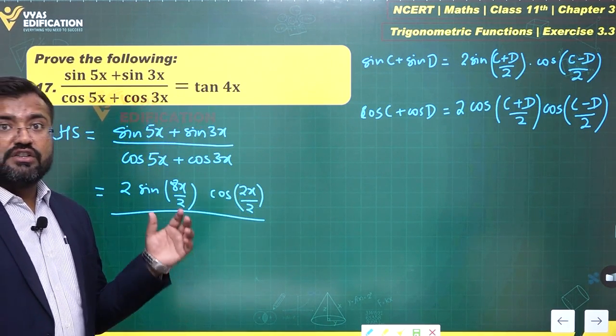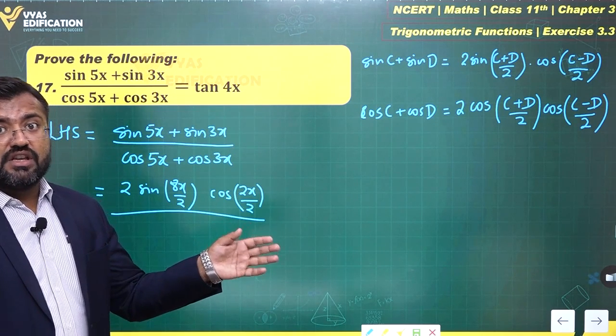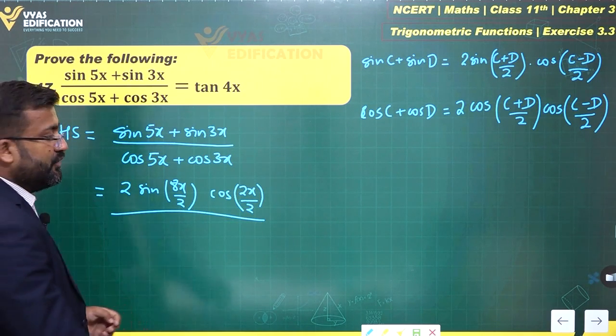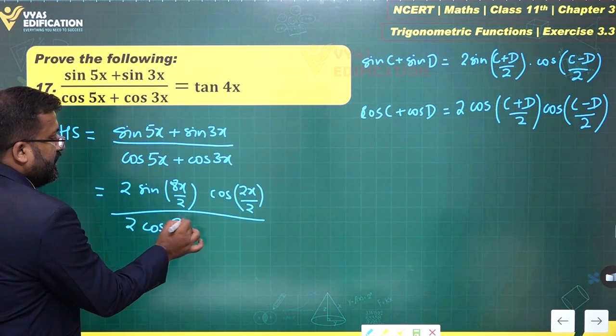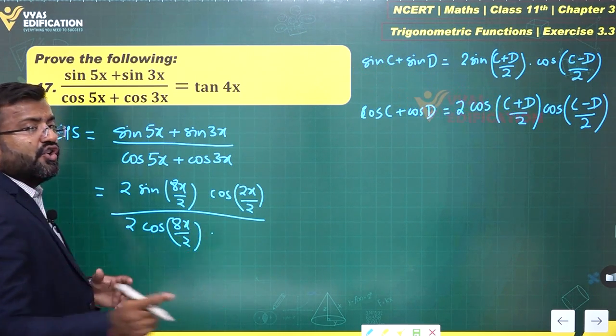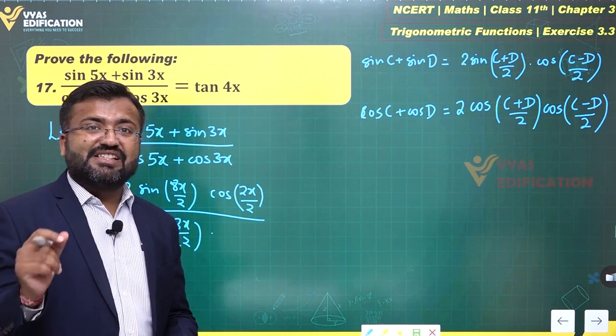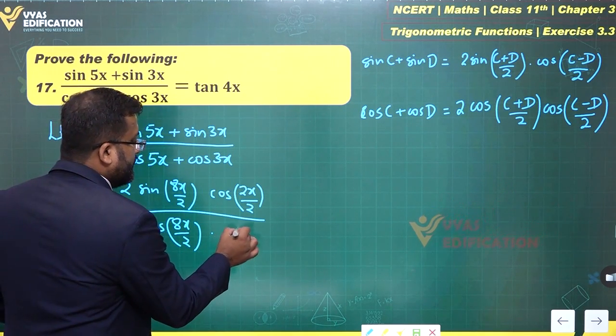In the denominator you have cos 5x plus cos 3x, which will be 2 cos (5x plus 3x)/2, that is 8x by 2, times cos of (5x minus 3x)/2, which is cos of 2x by 2.